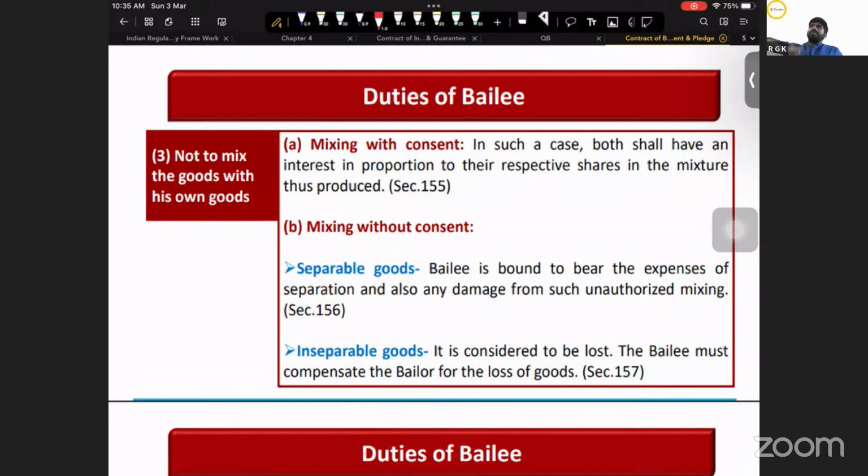When bailer gives the goods to bailee, let us say bailer gives 50 kgs of sugar, which costs 25 rupees per kg, to bailee for safe custody.